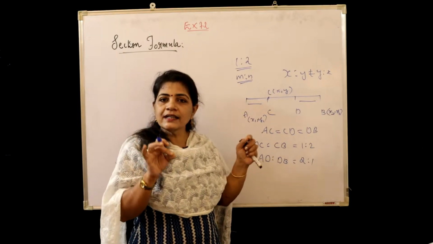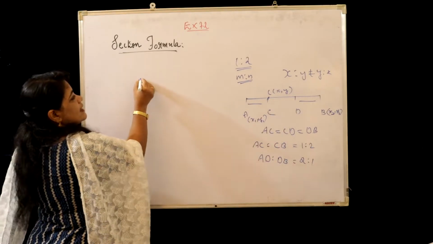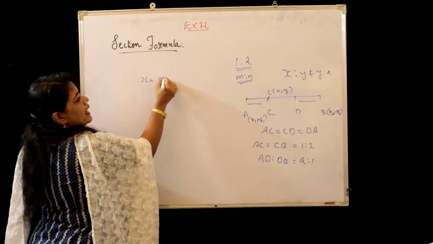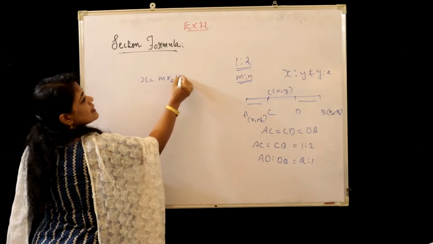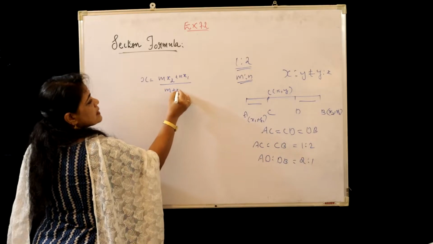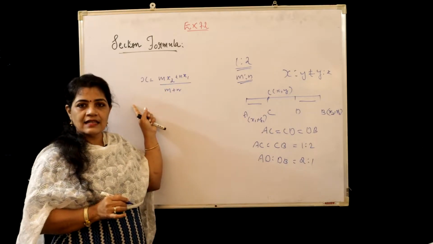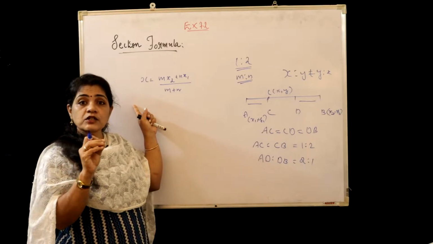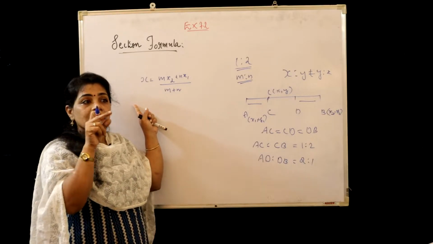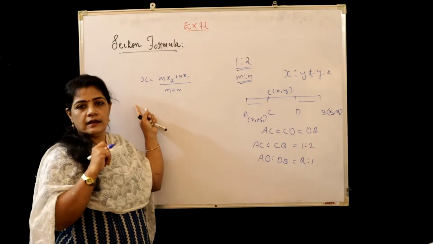In order to get the x coordinate, this is the formula: x is equal to mx2 plus nx1 divided by m plus n. See children, in the LHS I have written the x coordinate of C, the point dividing AB in the ratio m is to n.